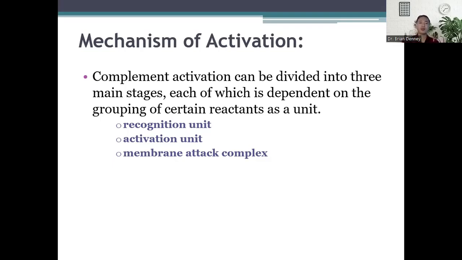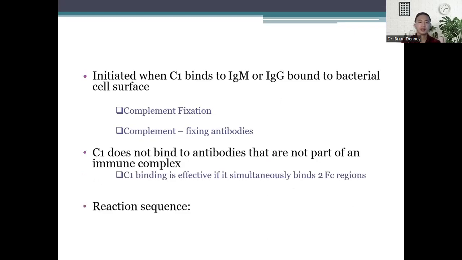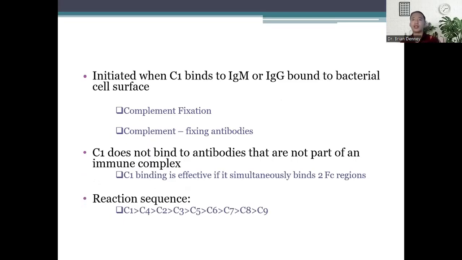Let's start first with the recognition unit. Why was this called recognition unit? So again, the first complement protein to become activated is C1, the C1 complex to be complete.